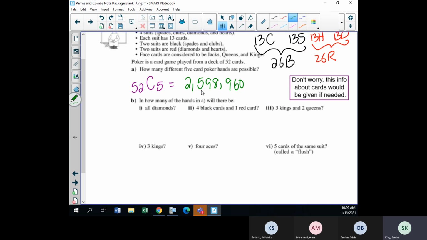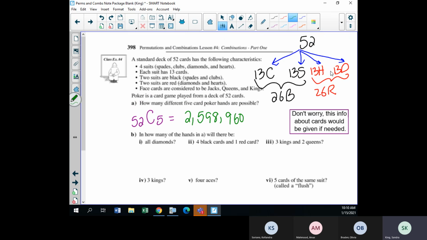Out of these 2.6 million hands, out of all of the combinations, how many hands drawn would be all diamonds? So what you have to think of is, how many diamonds are there total? Let's look up here, you guys. How many diamonds are there in a deck of cards? 13.